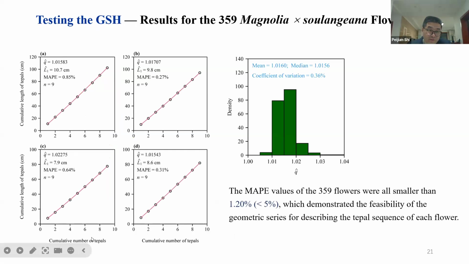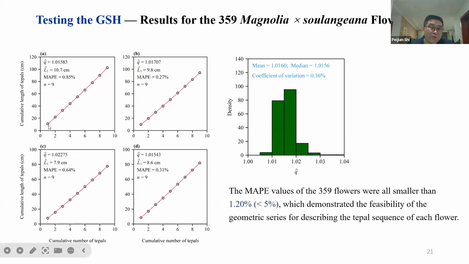Here is the fitted result. The open small circles are observations for the cumulative areas of the first J items, and the red line represents the predicted values.